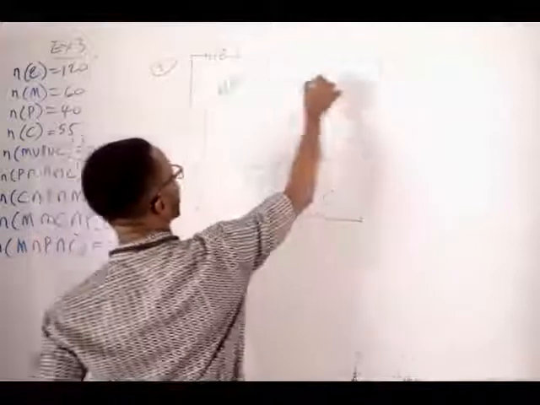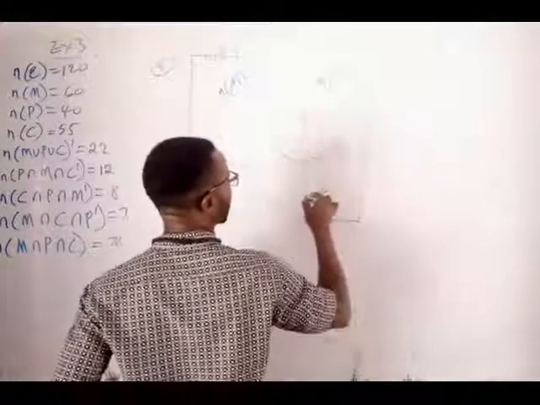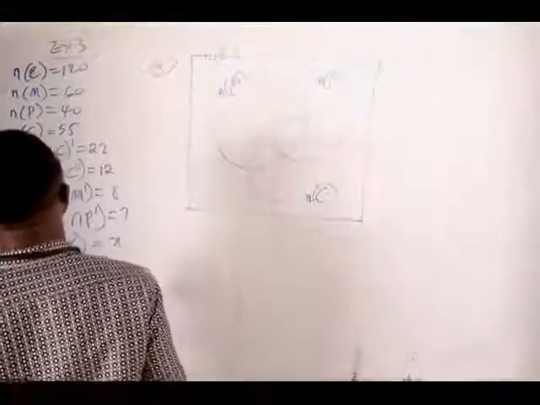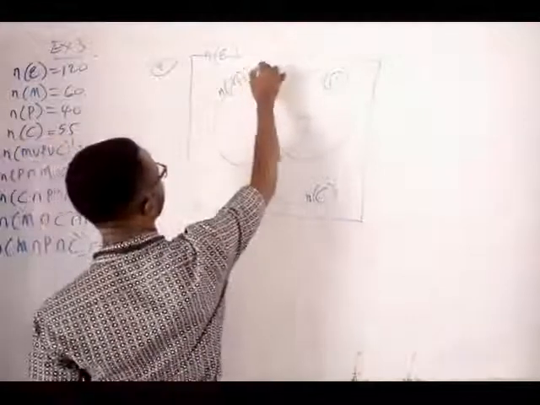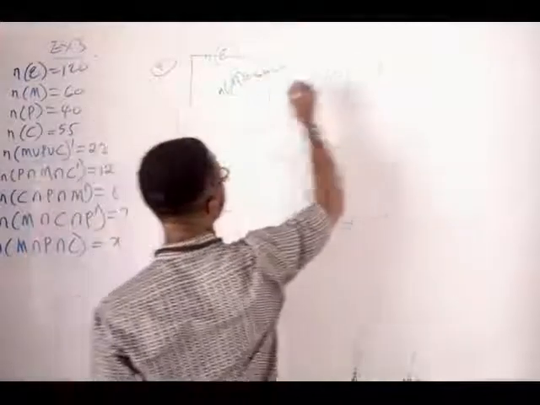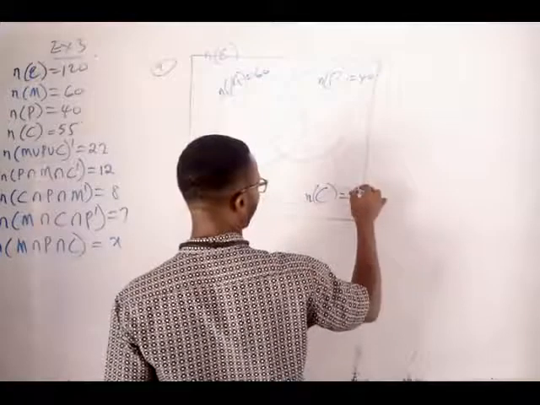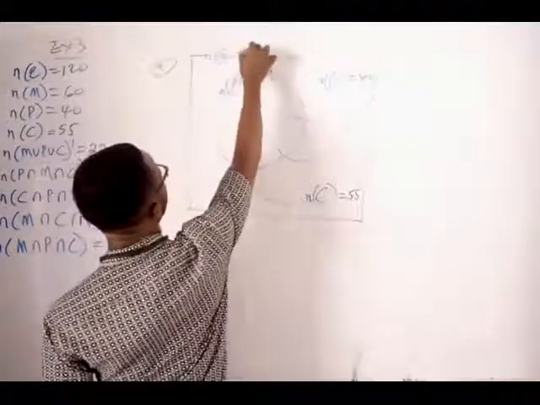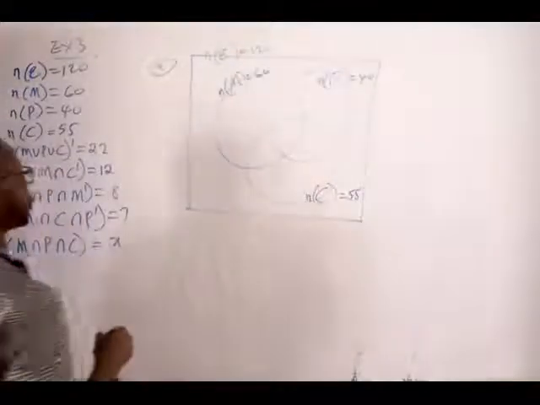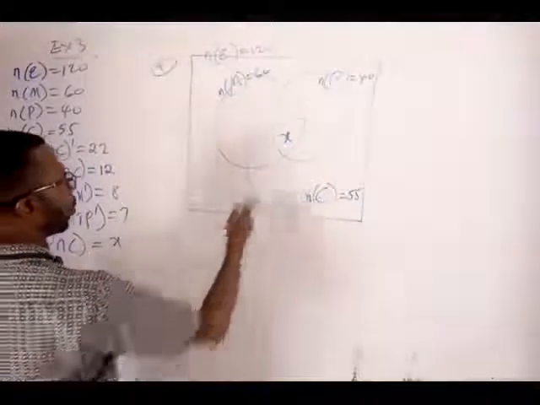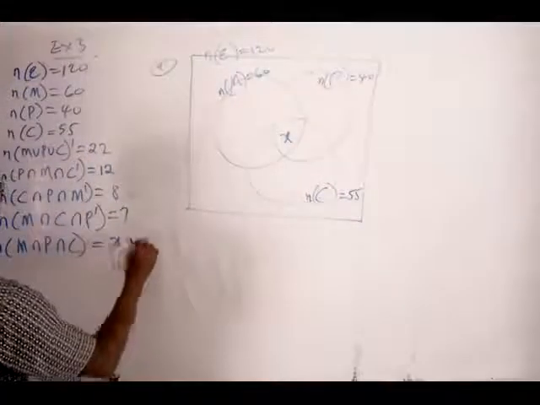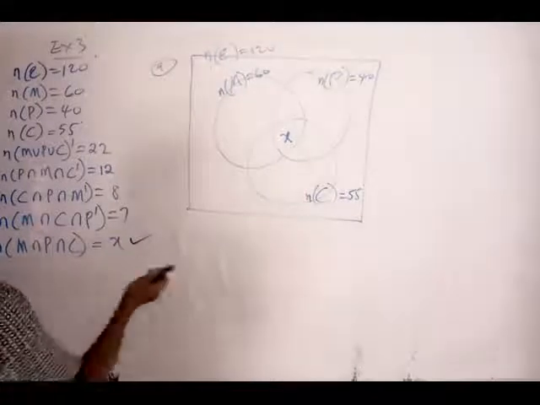Number that studied mathematics, number that studied physics, number that studied chemistry. So how many studied mathematics? We have 60. How many studied physics? We have 40. How many studied chemistry? We have 55. Then how many are there altogether? We have 120 students. Let's start from the innermost chamber. We have X in the innermost chamber, so take care of that. Then we work our way out.